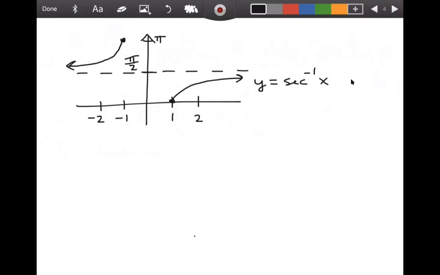So what does y do as x increases without bound? As x heads off in this direction, we are up on this part of the curve. Y is over here. It is getting closer and closer to pi over 2.